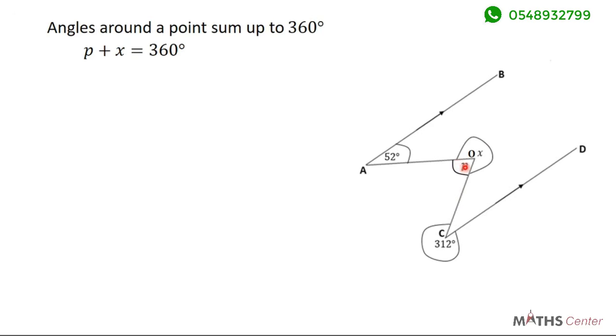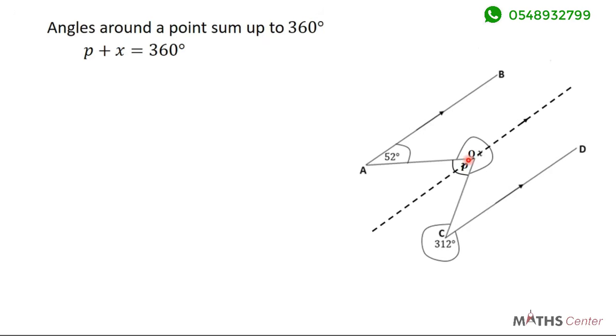Because we have indicated this side as P, we already know that the outer angle is X. If you add X to P, you are going to get 360 degrees, since angles around this point O add up to 360 degrees.